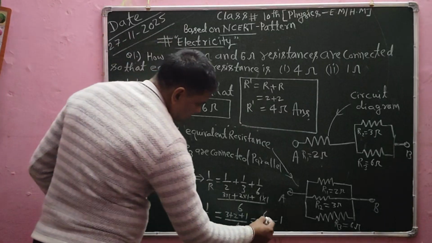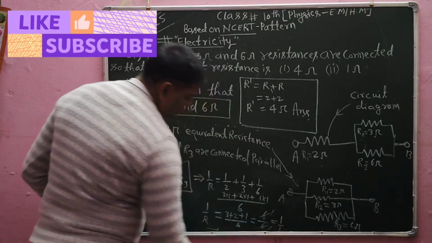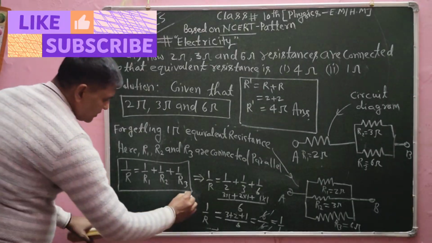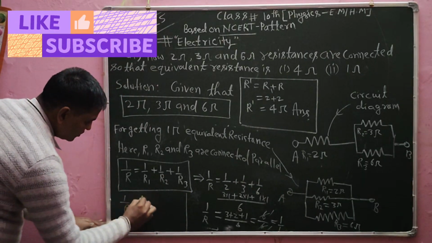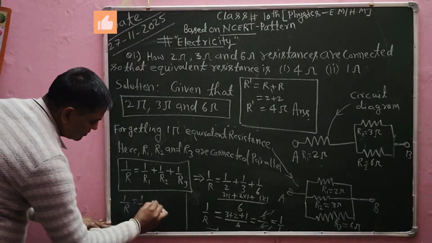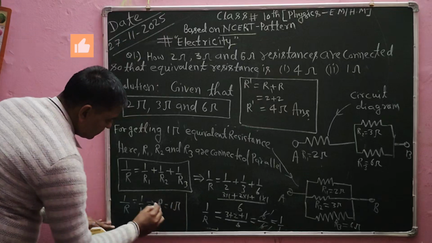In other words, 1 by R is equal to 1 by 1. I will do its cross multiplication. It means that R is equal to 1 ohm.